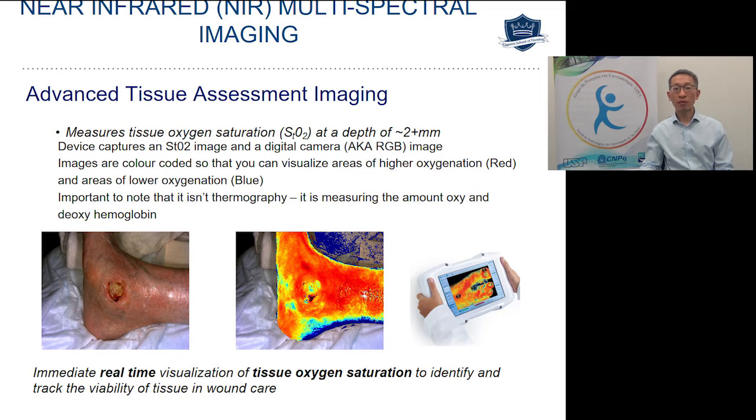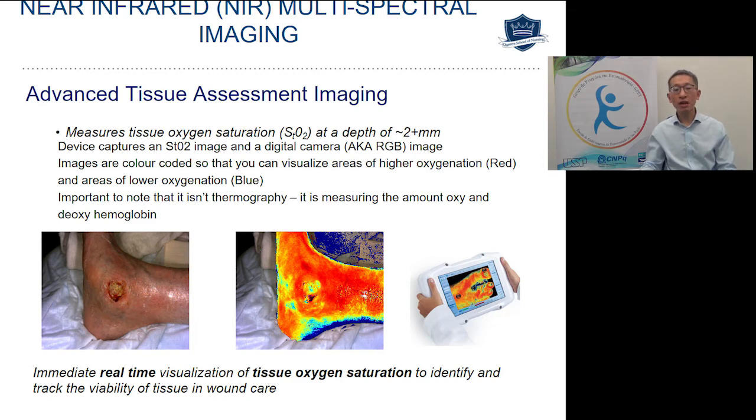What you see here before compression is massive edema. All that edema fluid in the interstitial space is sitting on the vascular bed, compromising blood flow. You can see under the scanner a lot of blue discoloration, indicating a lack of oxygen.